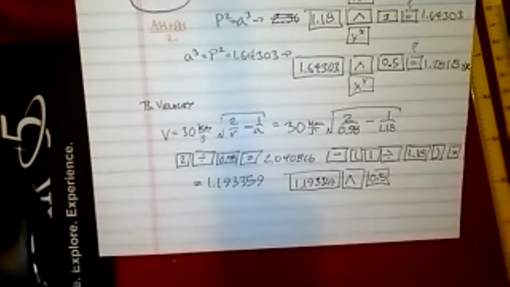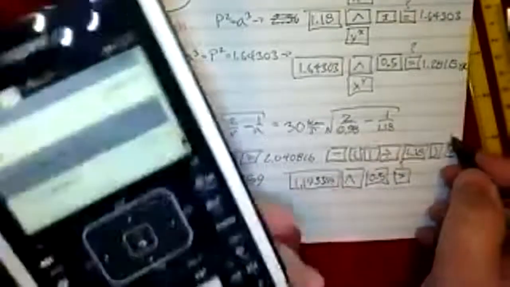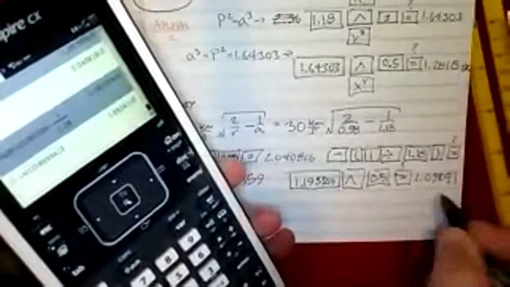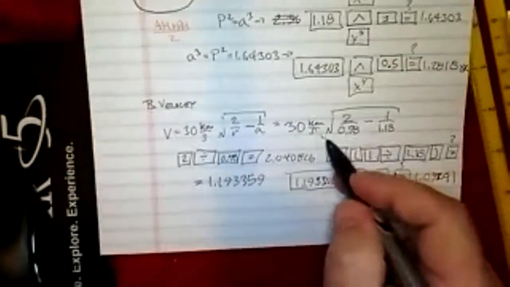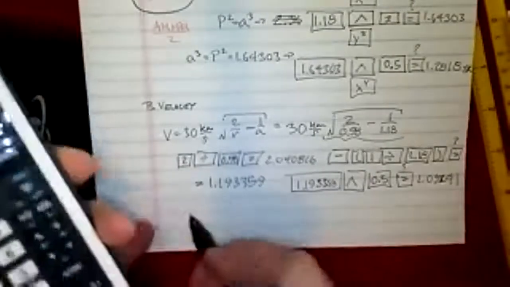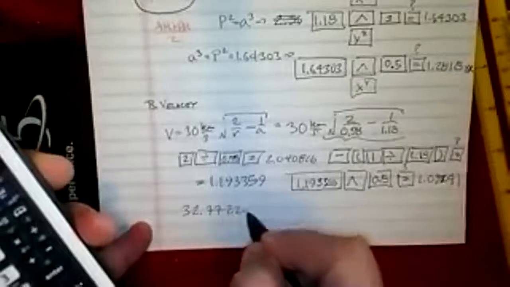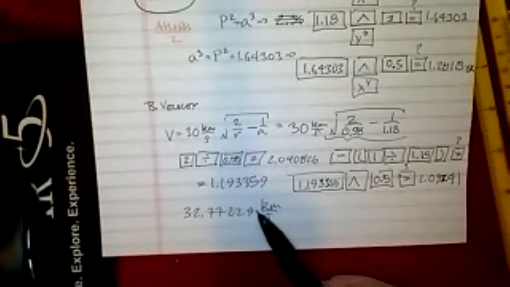And this gives me 1.09241. Now that's the whole square root thing. So now I just multiply that by 30, and I get 32.77229 kilometers per second. That's the velocity of the spacecraft at perihelion.